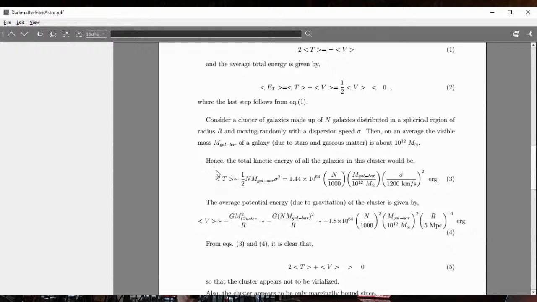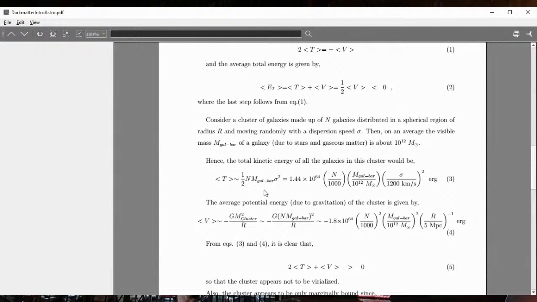Now we can estimate the average kinetic energy associated with the cluster, because the average square of the speed is nothing but square of the dispersion velocity, and there are N number of galaxies, so each kinetic energy must be summed up, so that will be roughly half times number of galaxies present in the cluster multiplied by the mass of a typical galaxy multiplied by the variance of the speed.